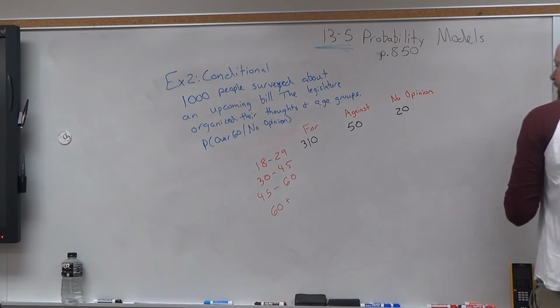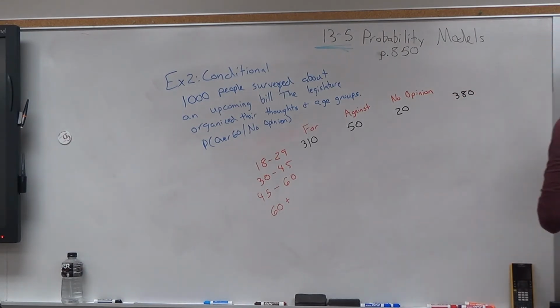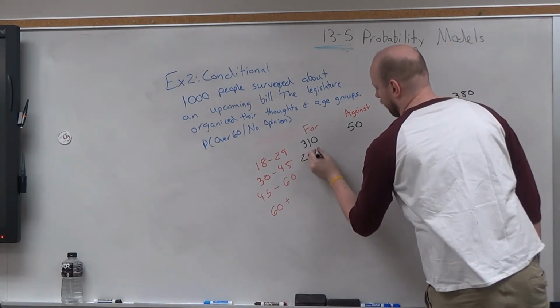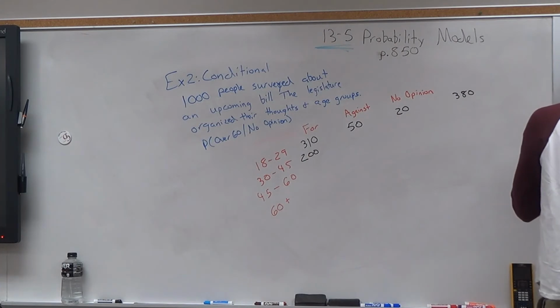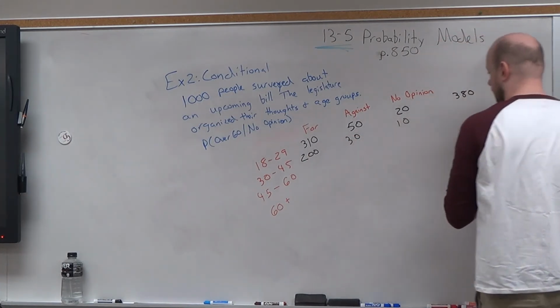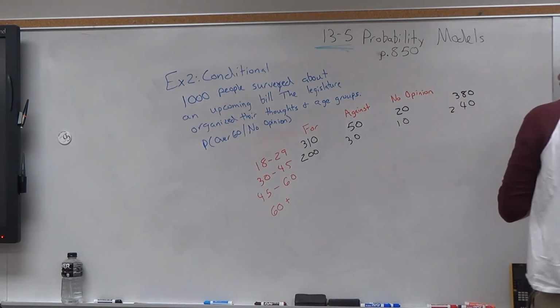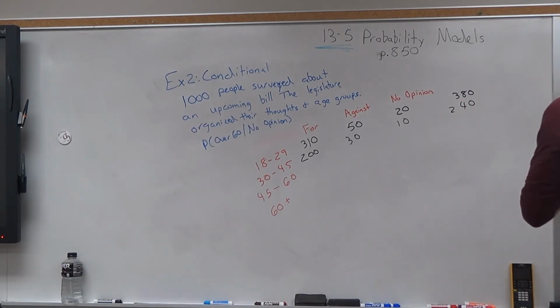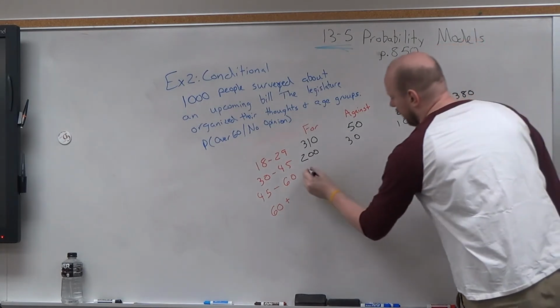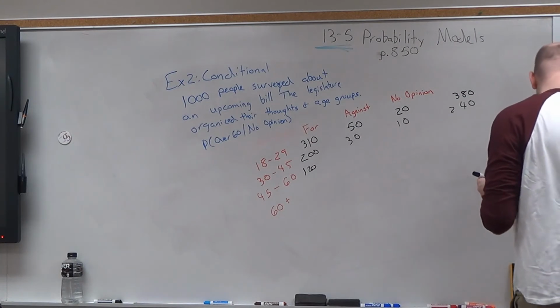So our total we get is 380. Second group, we had 200 that were for increasing it. We had 30 against, and we had 10 with no opinion. So we end up with 240 total for that age group. 45 through 60, 120 said, hey, raise the minimum wage.